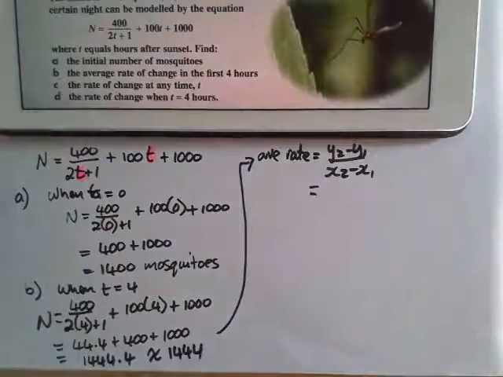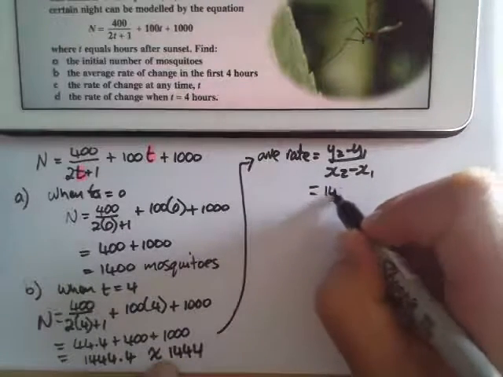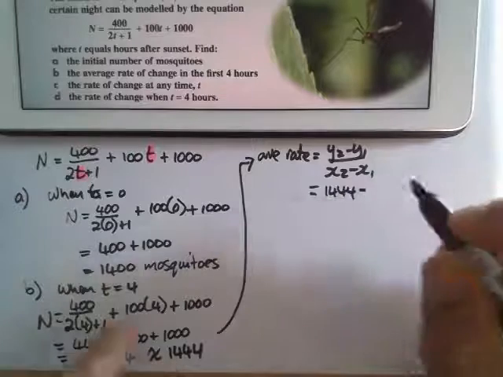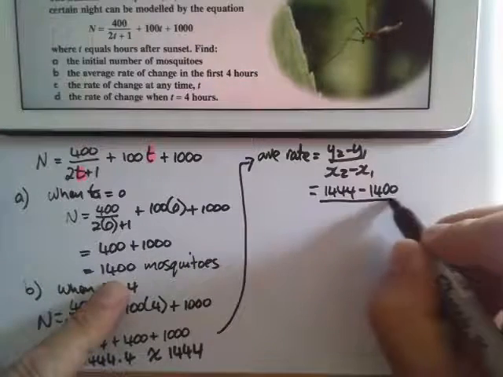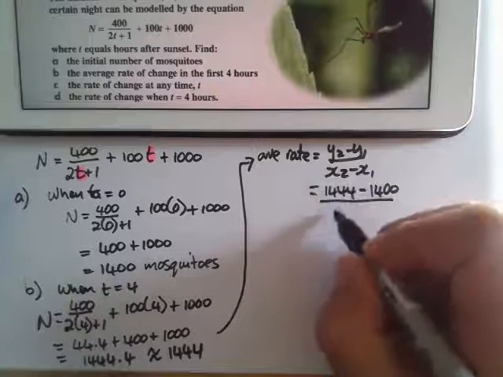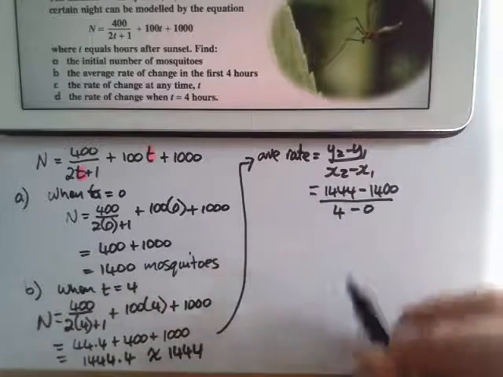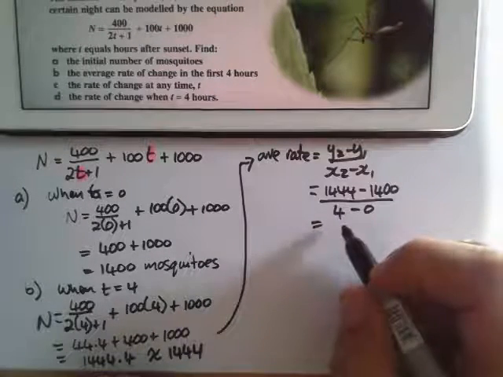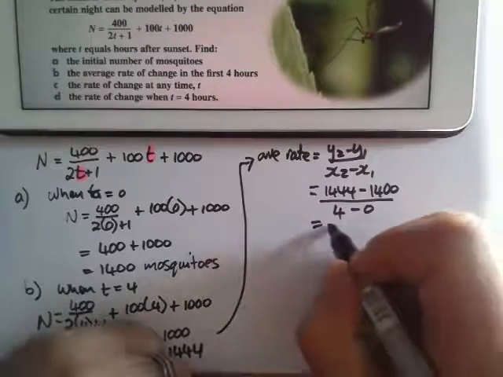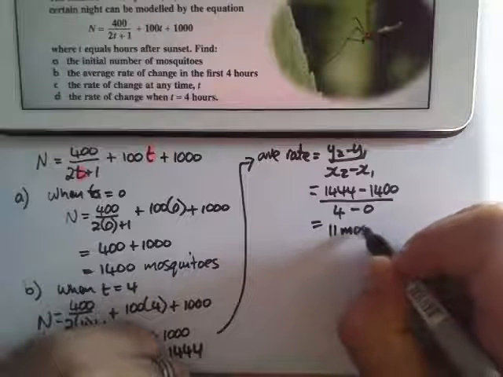So y2 is 1444 minus, when I started was 1,400, divided by, that was 4 hours and started at 0 hours. So that will give us 44 divided by 4. So this is 11 mosquitoes.